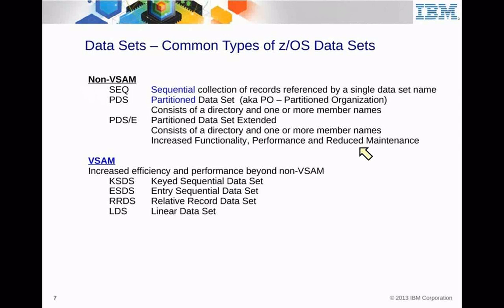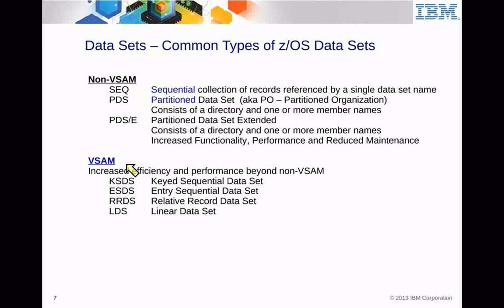And so they had to do what was called a compress to regain the wasted space as you updated members. A PDSE automatically regains that space. So these are three examples of non-VSAM data sets: sequential, partitioned, and partitioned extended.